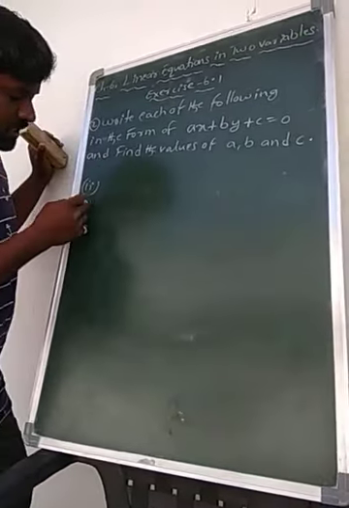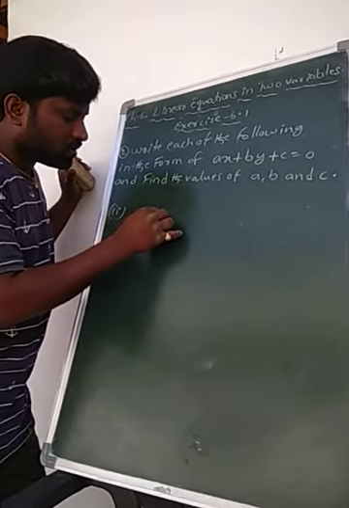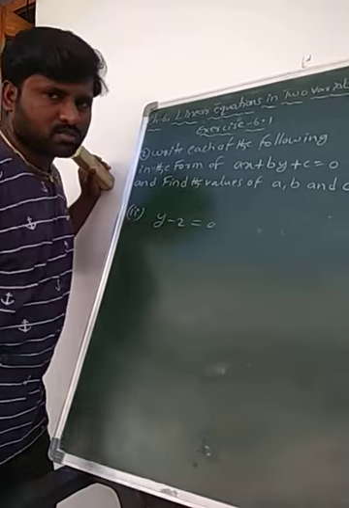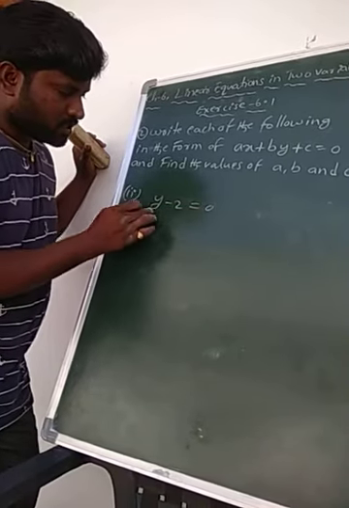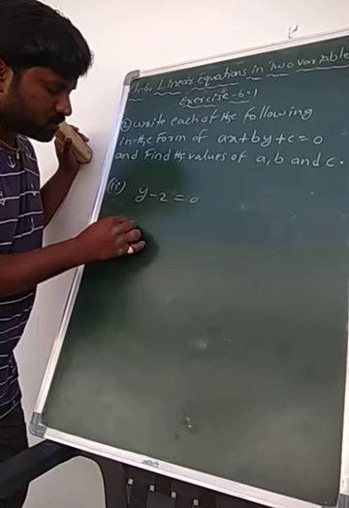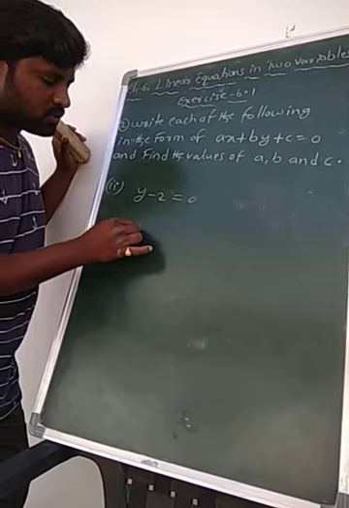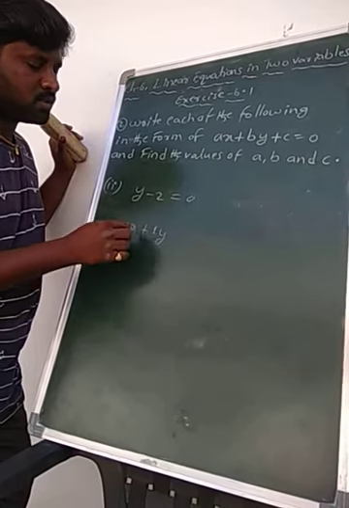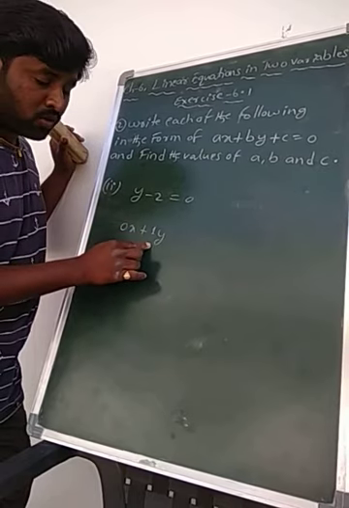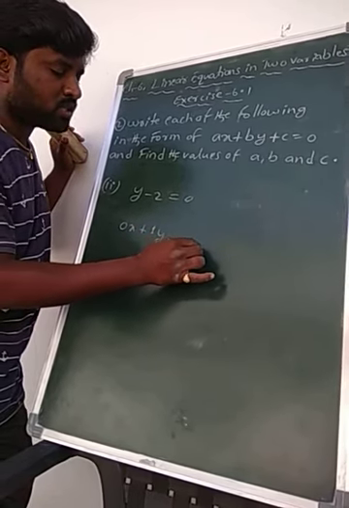Now second question, given y minus 2 is equal to 0. So I am writing this as 0x plus 1y minus 2 is equal to 0.